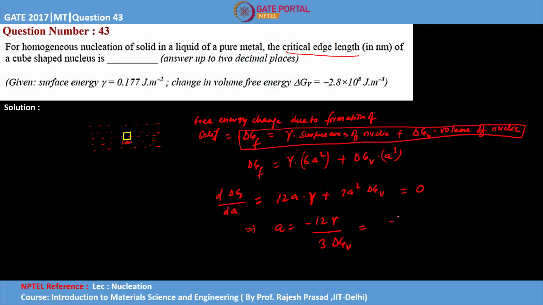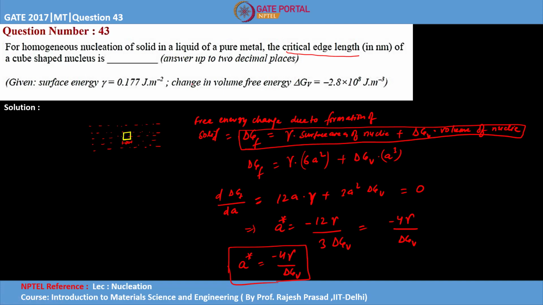So this is nothing but minus 4 gamma upon delta GV. So the critical value of A, let's say it is A star. So A star is basically given by minus 4 gamma upon delta GV. So this is the minimum value of A with which we can form a nuclei, right?